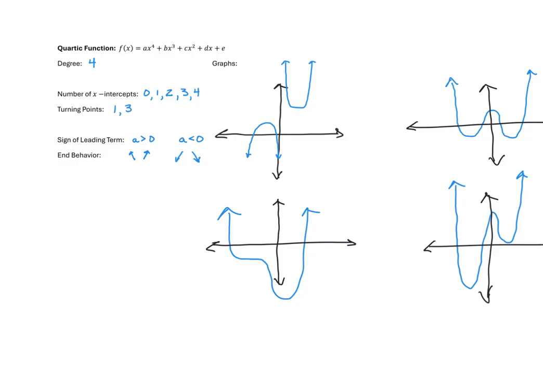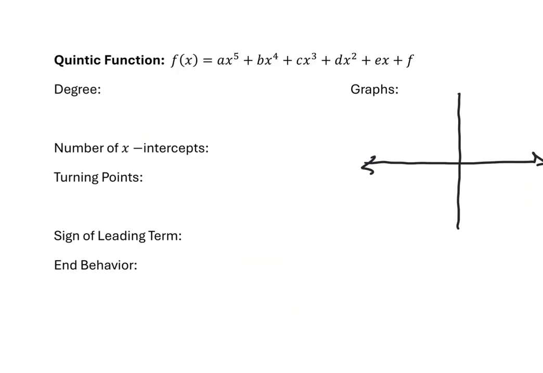All right, the next thing, we've got one more we're going to look at. We're going to look at a quintic. All right, the last one that we are going to look at is a quintic. And so a quintic, the first thing that we have is that it is going to be degree 5.